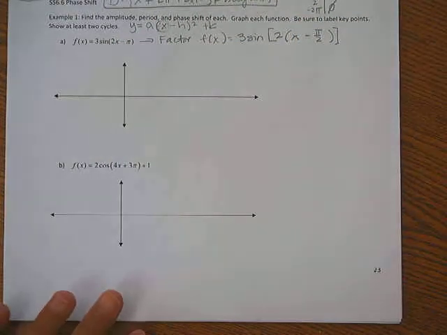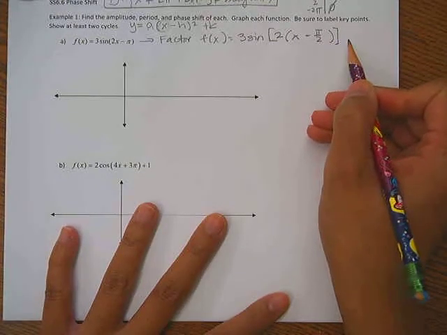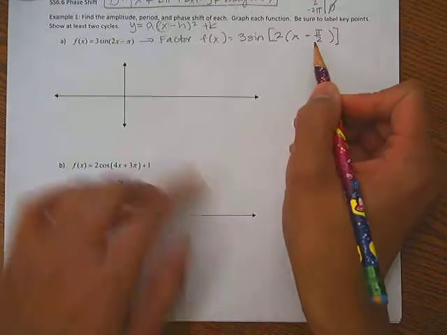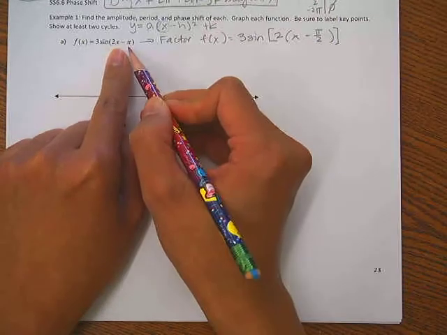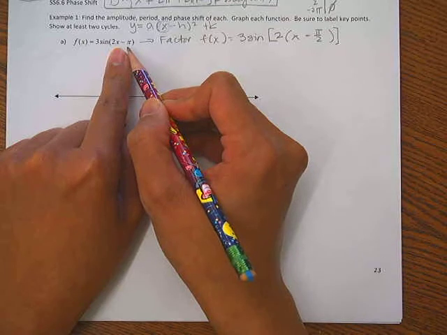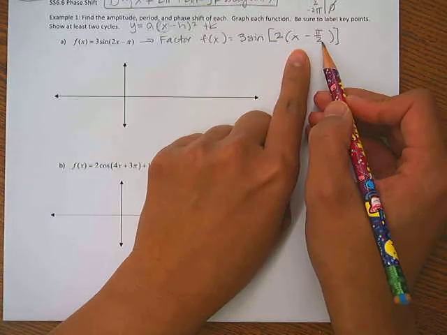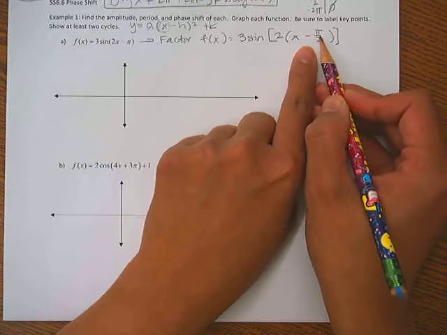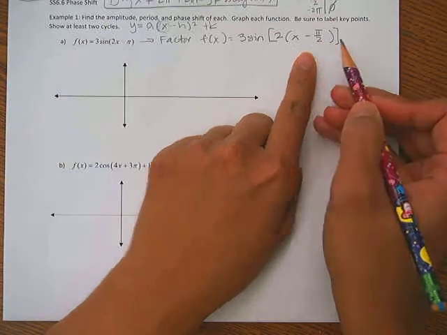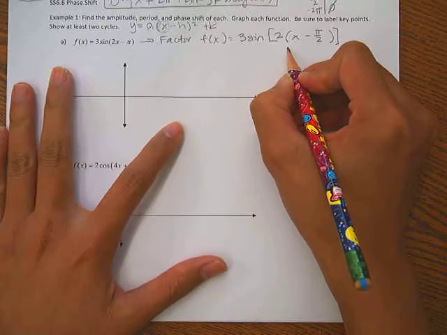And now we just added these other set of parentheses on the right side. So notice how if you don't factor it out, then you would say this is a transformation to the right by pi, which is incorrect. After factoring it out, I'm only going to shift, which is now called the phase shift, to the right by pi over 2.